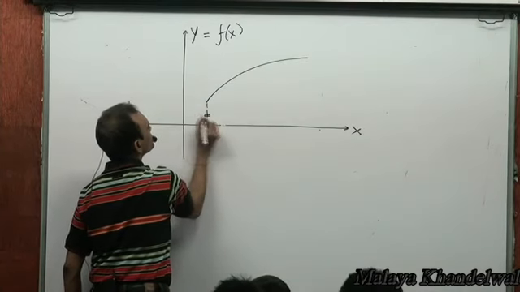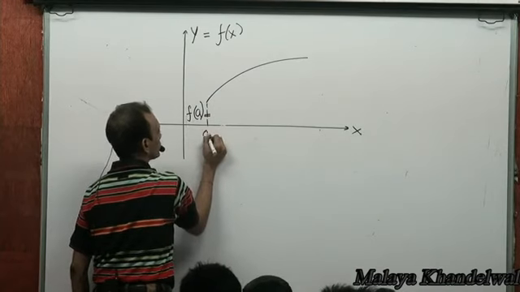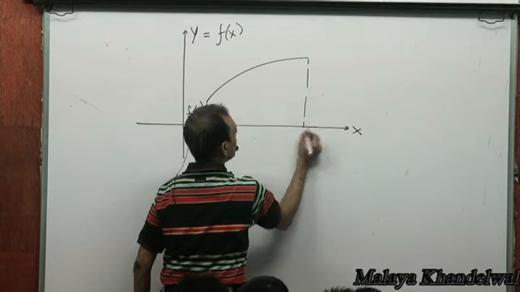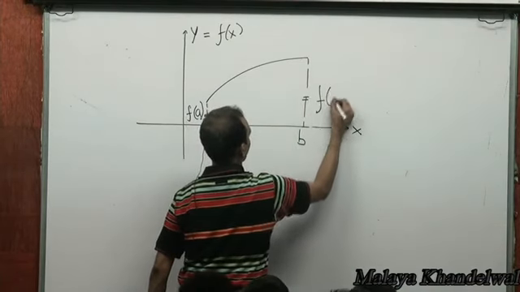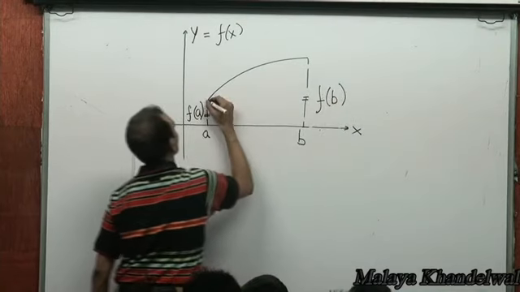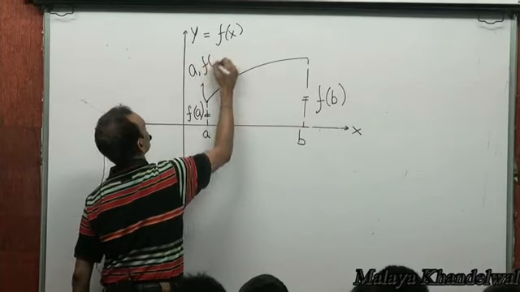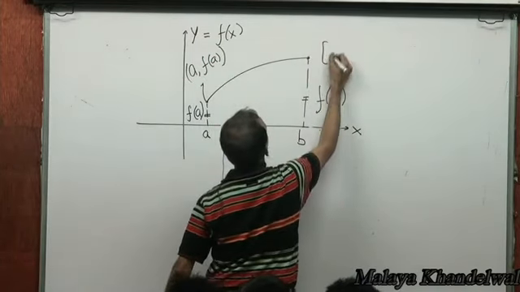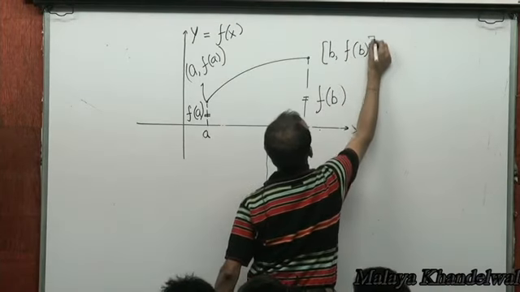At x equal to a, its value is f of a. At x equal to b, its value is f of b. This point has coordinates a comma fa, whereas this point has coordinates b comma fb. Right?